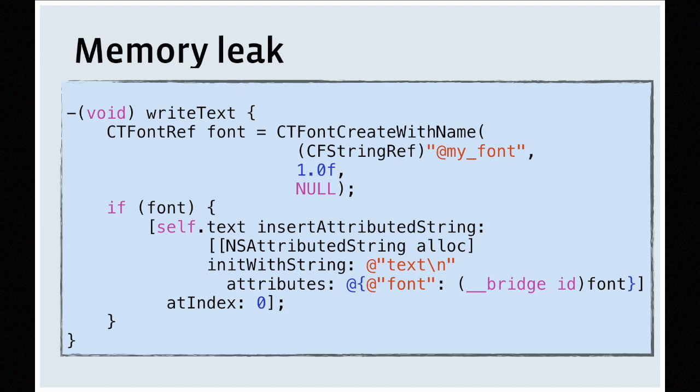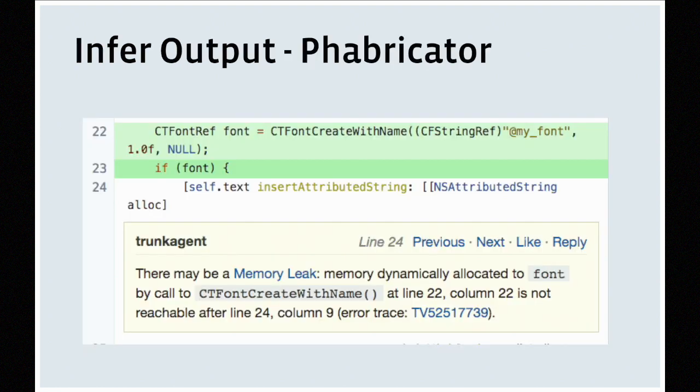In this case, this font object was created with CGFontCreateWithName, and then it was used, but then that needs to be released. So this is then the error: the memory allocated to font by call to CGFontCreateWithName is not reachable anymore, and it hasn't been released. So you need to add the release.